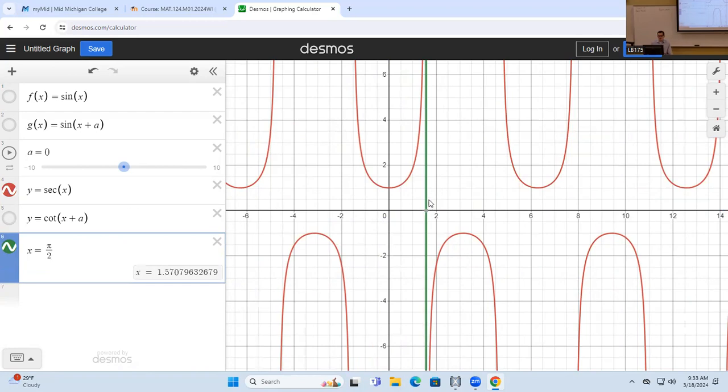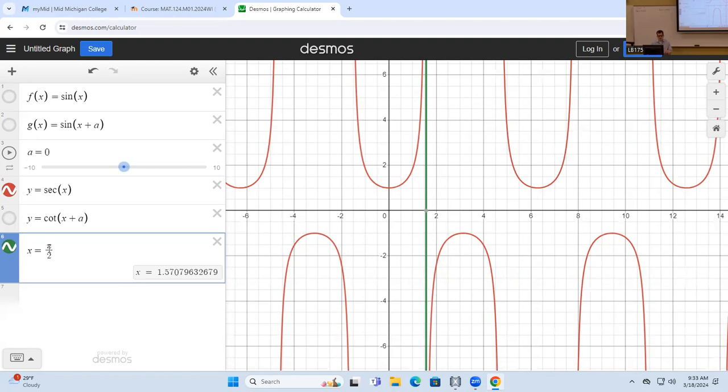Asymptotes. Notice that pi over 2 is the asymptote for secant. And that's when your cosine is 0, right? Because it's 1 over, did I say cosecant? That's when your cosine is 0.